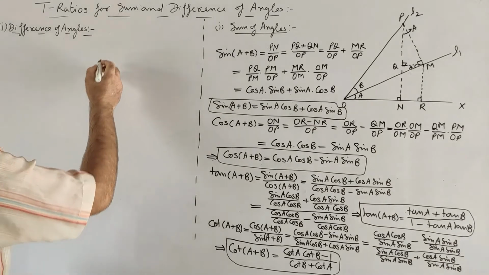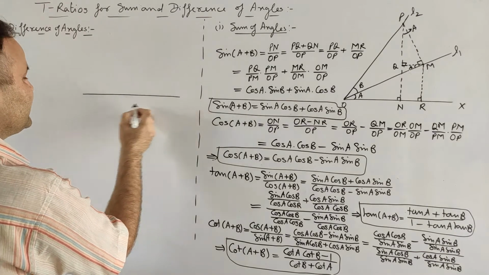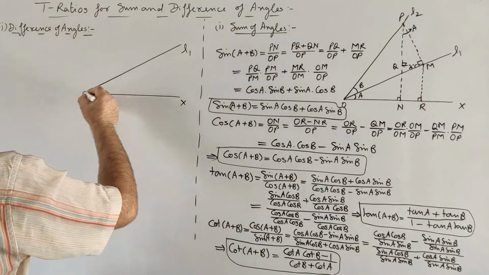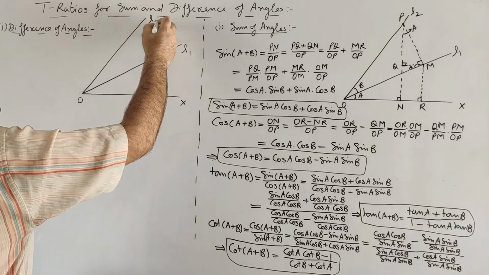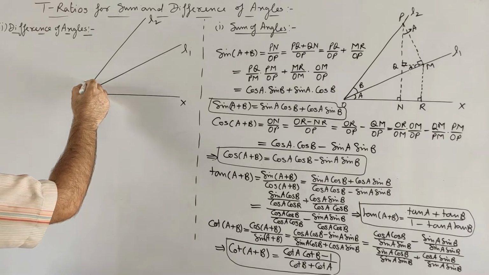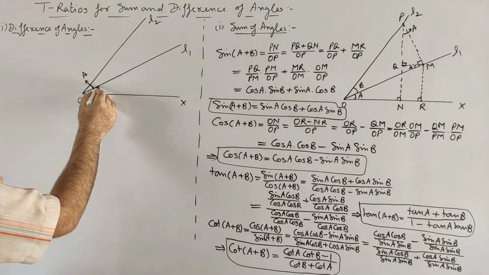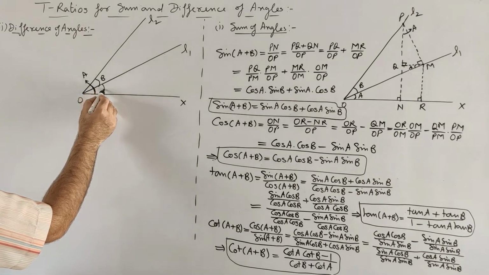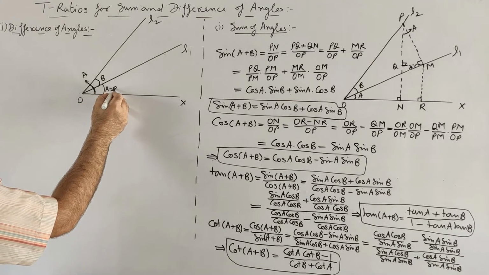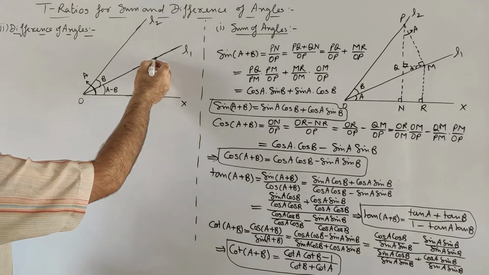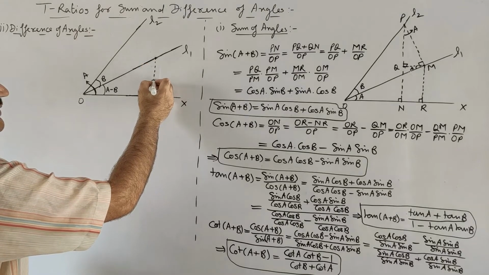Say this time this is our baseline, that is OX, then we are having two more lines L1 and L2, and since this time we have to find T ratios for angle A minus B, so say this entire angle is A and this angle is B, then this angle left will be A minus B.